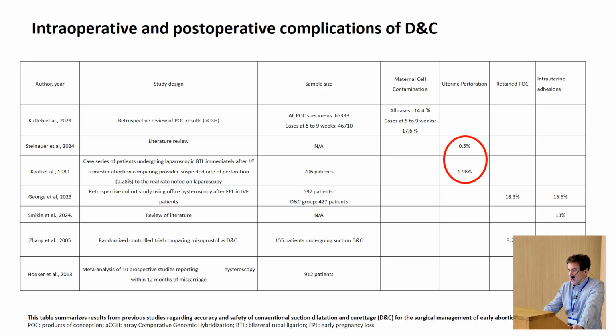The possibility of retained products of conception could be from 18 to 3.2%, and the percentage of intrauterine adhesions could go from 50% to 20%. So it seems that maybe this technique could benefit in terms of less uterine perforation, less retained products of conception, and less adhesions after the procedure.